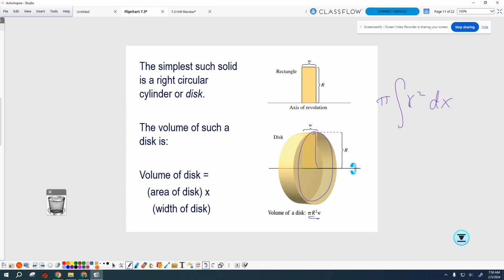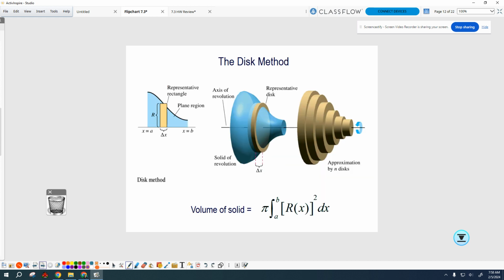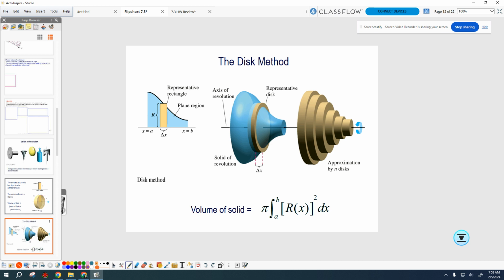Dx or dy is going to happen as well, and then you just integrate over whatever bounds they want. So it could be fun shapes. But the formula for it is just pi r squared, where r is going to be an equation, not just a number.